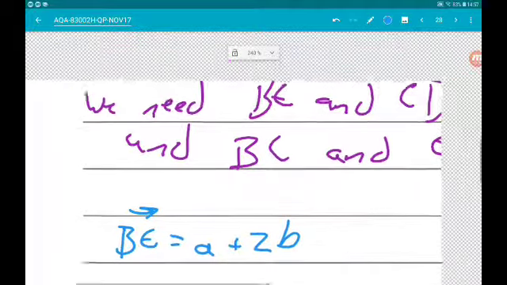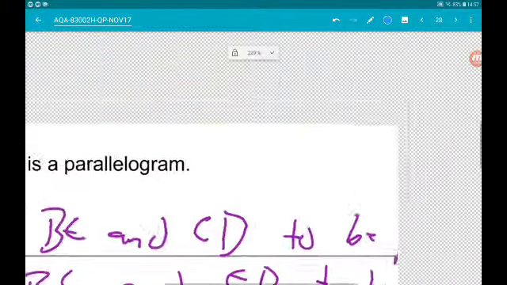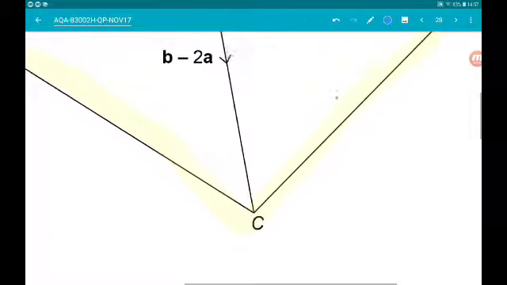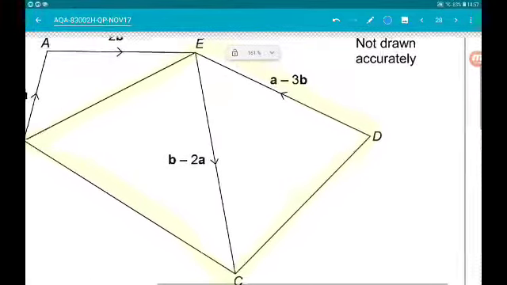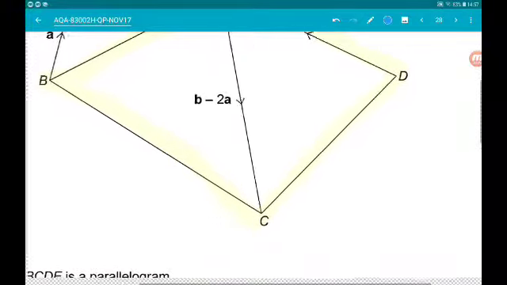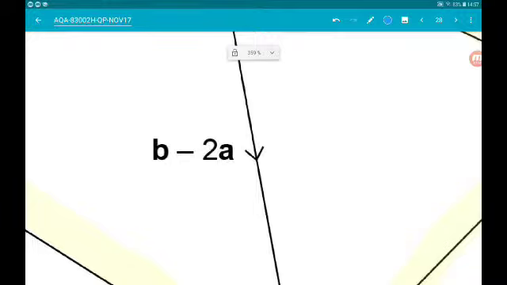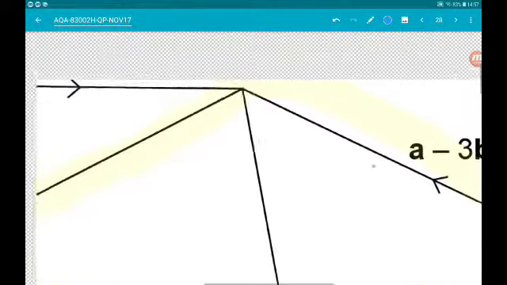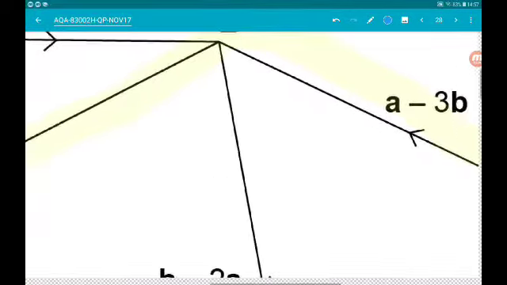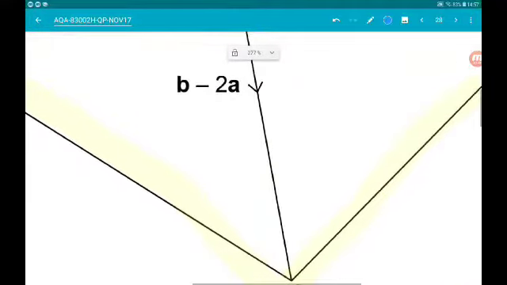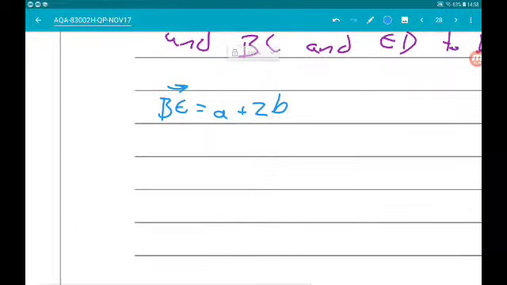Okay, let's then do CD. So, CD, how are we going to get from C to D? Well, we are going to go backwards along B minus 2A up to E. So if you go backwards along a vector, you are doing that negative vector. So that's going to be minus B add 2A.